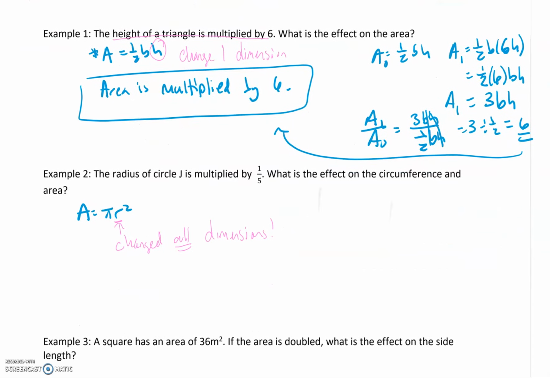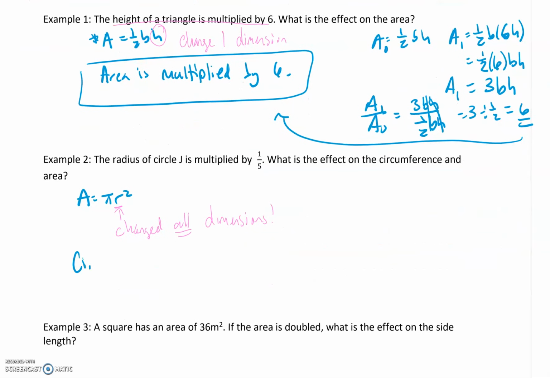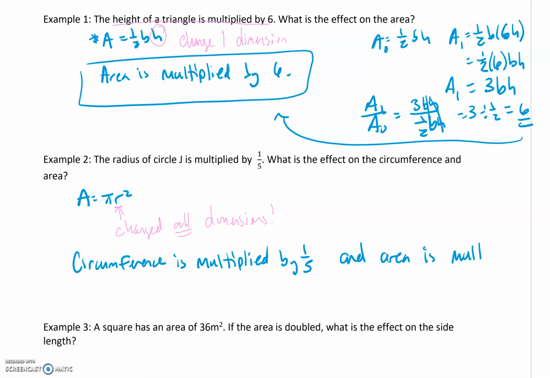Area is multiplied by 1/5 squared. So circumference is multiplied by 1/5, and area is multiplied by, let's multiply that out, 1/5 times 1/5 is 1 over 25.